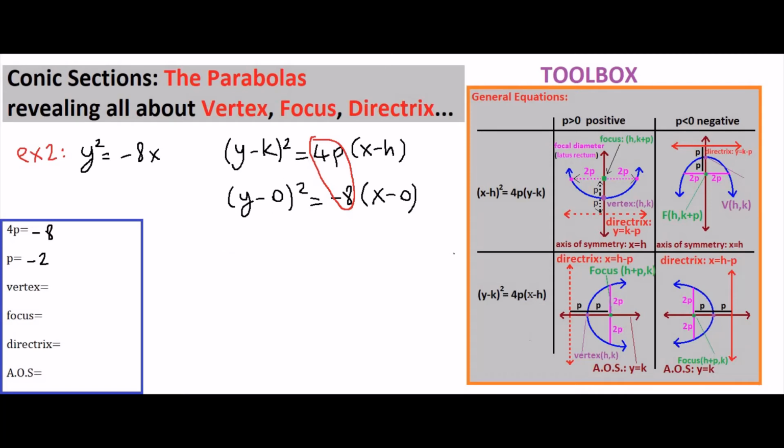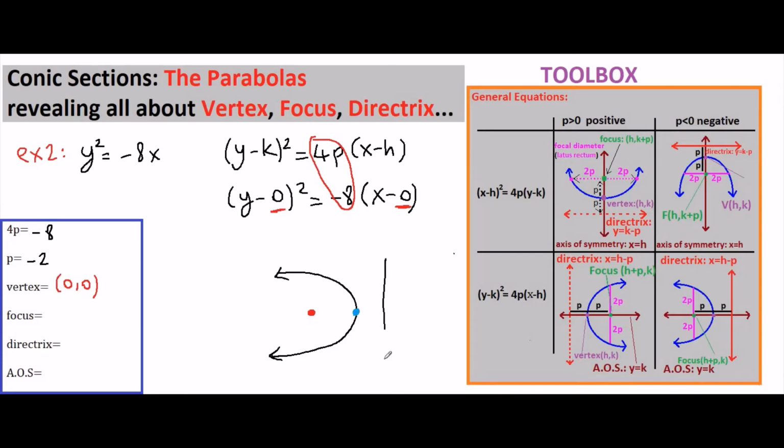Our vertex is h comma k, which is 0, 0. Our parabola is looking left because the y variable is squared and p value is negative. Our focus is inside. This is our vertex.